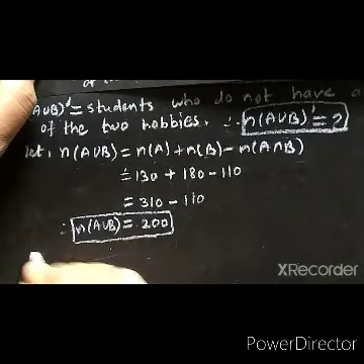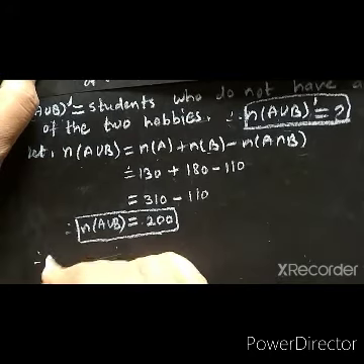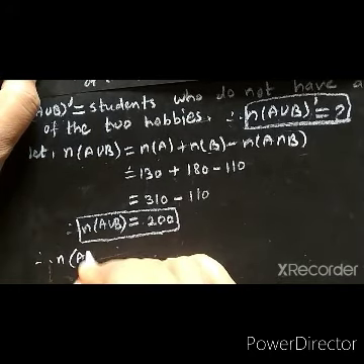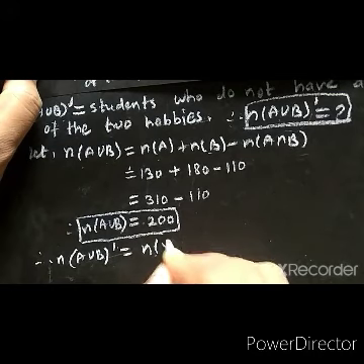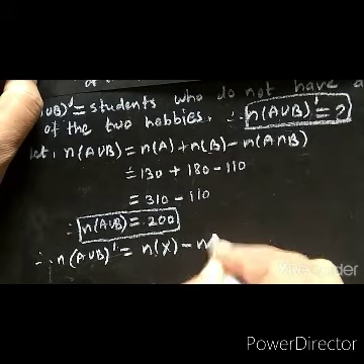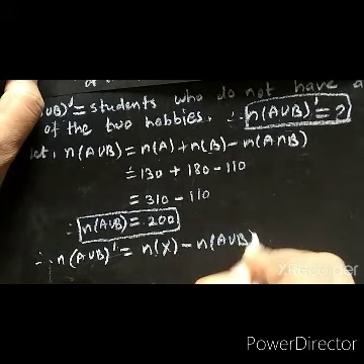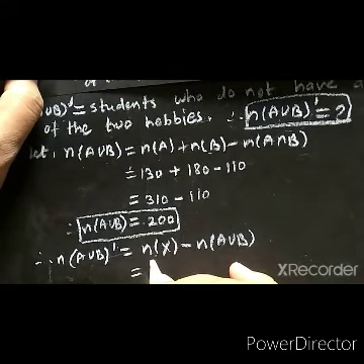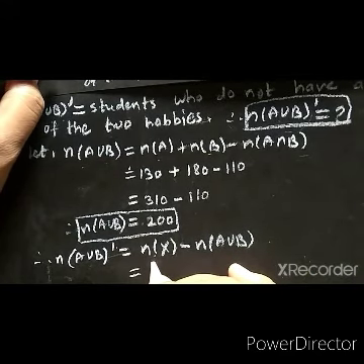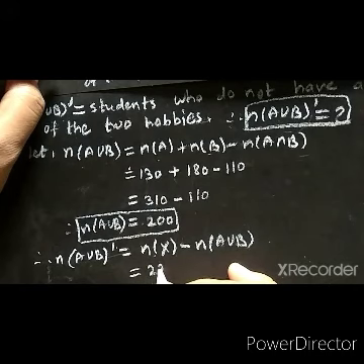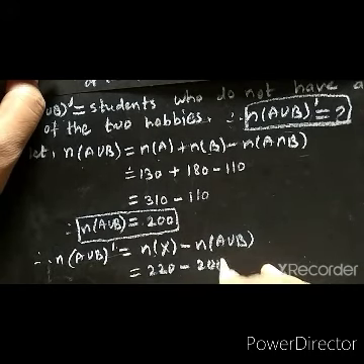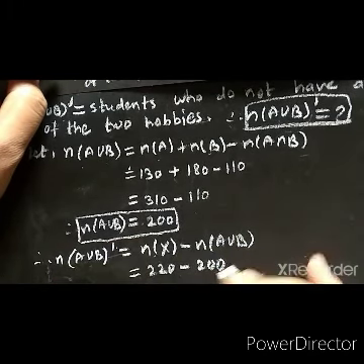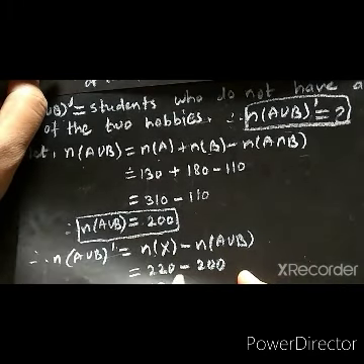Therefore, here n of (A union B) complement is n of X minus n of A union B. So here we put the value of n of X, that is total students 220, minus n of A union B, that is 200, and 220 minus 200 is 20.